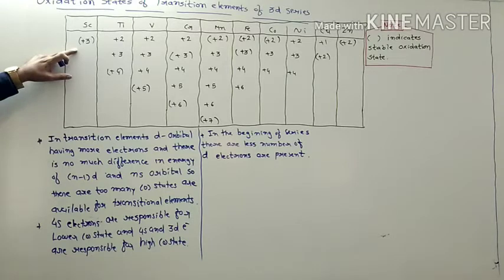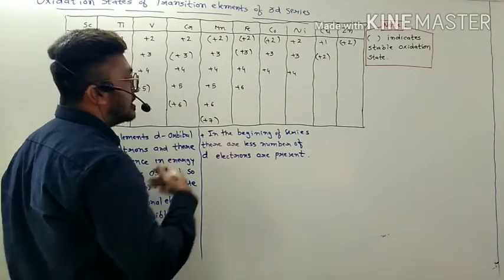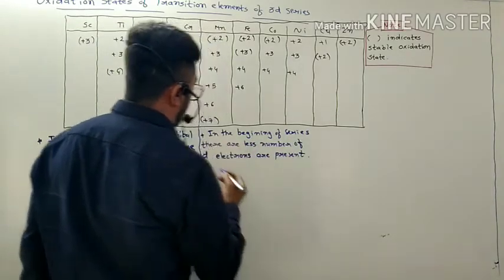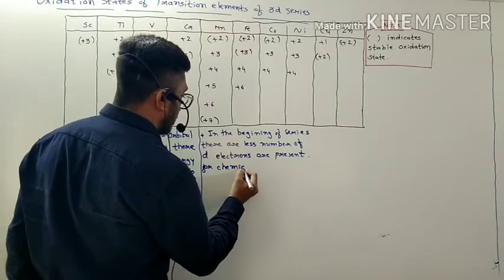So less number of d electrons are available for chemical bonding, so less number of oxidation states are possible. Very simple.